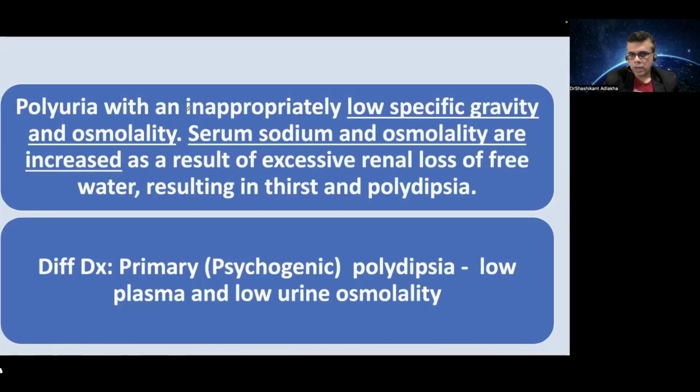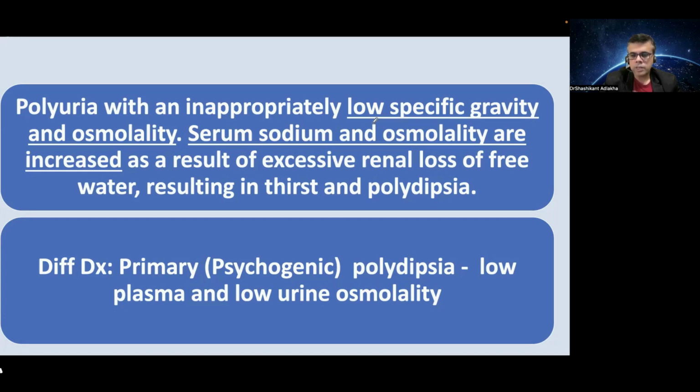So here what you will get is polyuria with inappropriately low specific gravity and osmolality. Serum sodium and osmolality are increased as a result of excessive renal loss of water. So serum osmolality and sodium level will be increased, whereas the urine osmolality and specific gravity will be low.